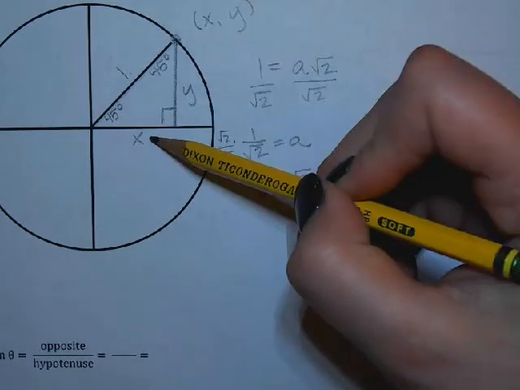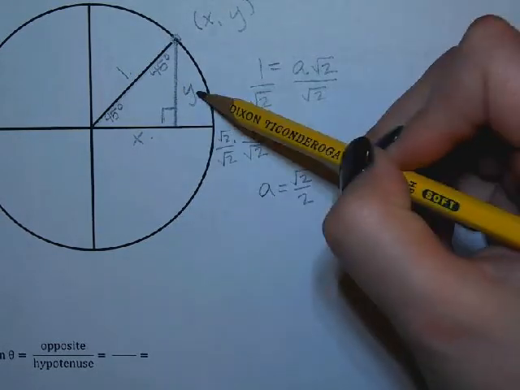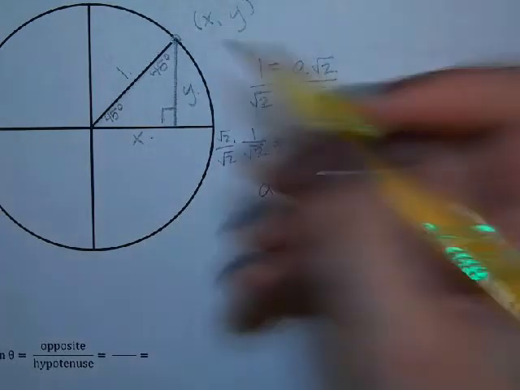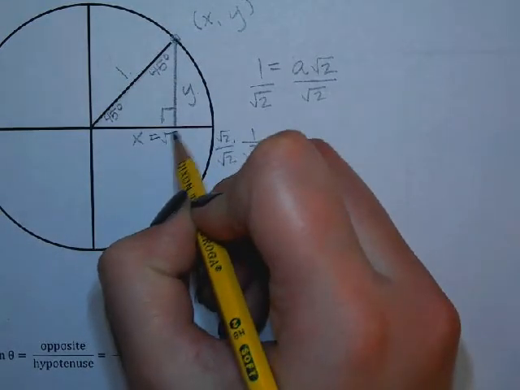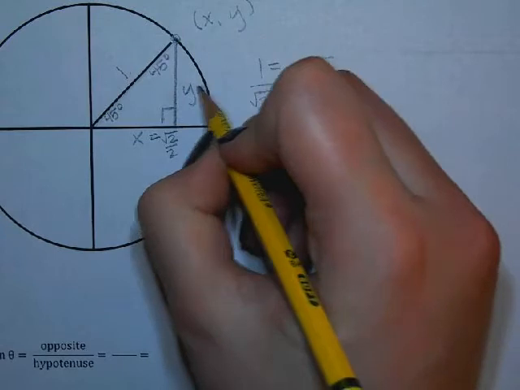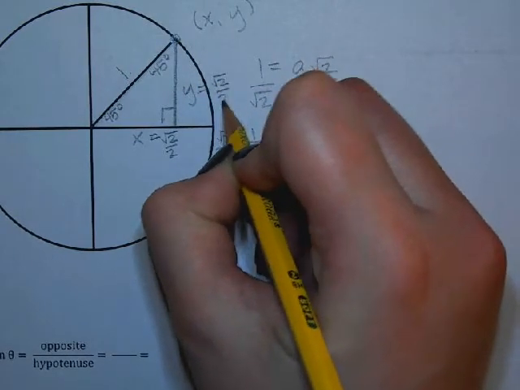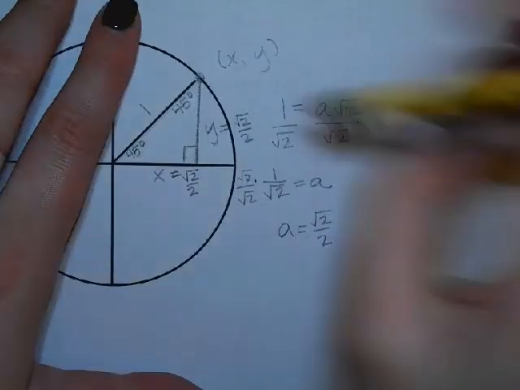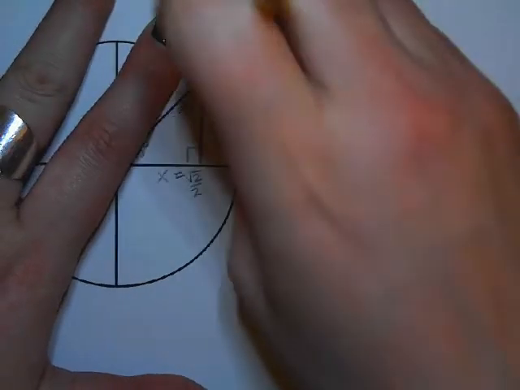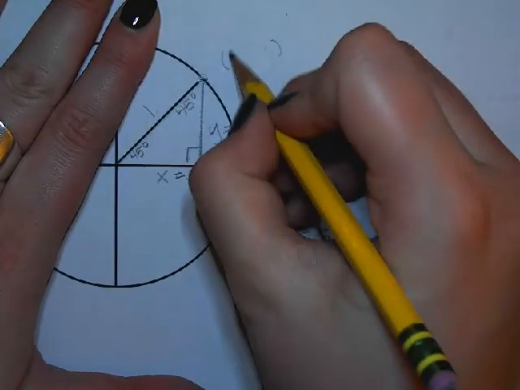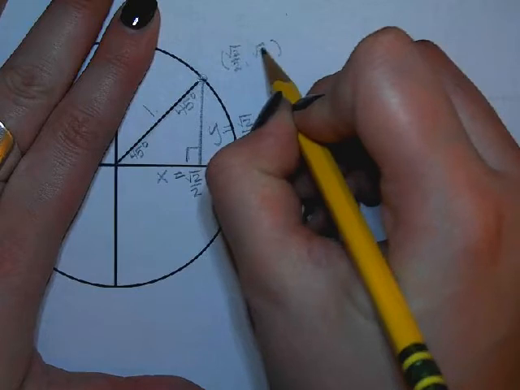This was the a side. This was the a side. So x equals root 2 over 2, and y equals root 2 over 2. And that means that the point is root 2 over 2, root 2 over 2.